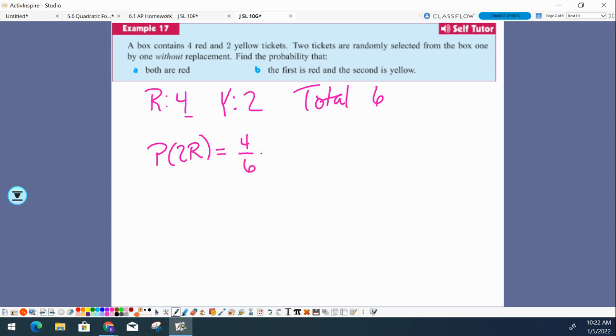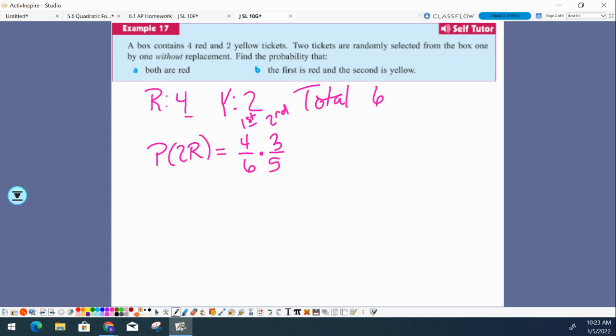Then we just end up multiplying the next ticket. Now let's think about this. If we take 1 red out of our total, we are left with 3 tickets that are red, but we only have 5 tickets left. So this is the first ticket taken out, 4 out of 6, times the second ticket taken out.